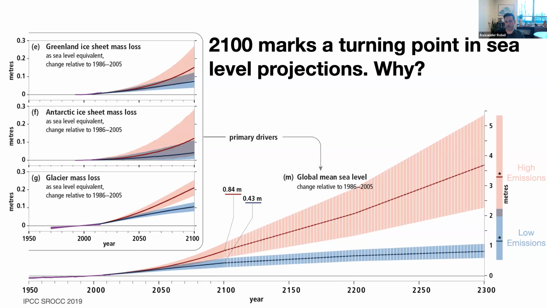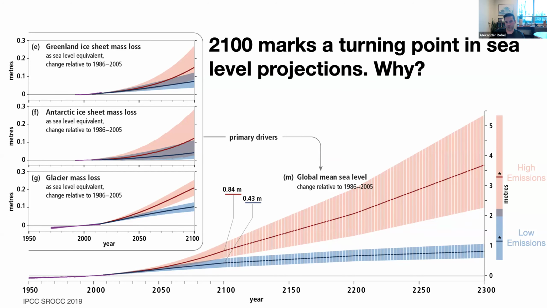So after 2100, the size of the uncertainty, the size of that shading, is close to the size of the whole signal itself. So there's several meters of uncertainty, or one or more meters of uncertainty, even at times when the mean projection is close to a meter or a few meters.